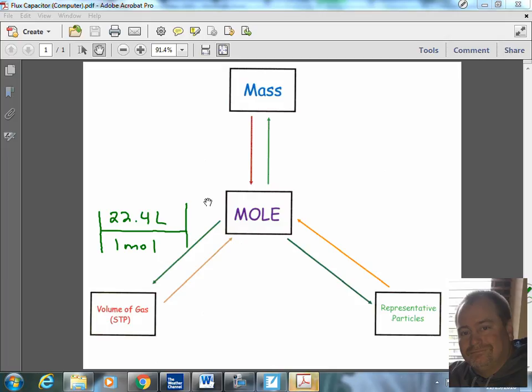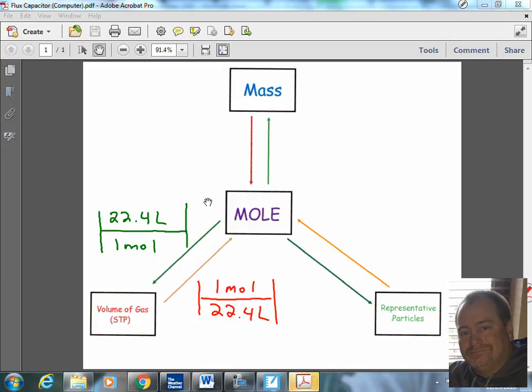Now, on the little orange arrow down at the bottom, what's that going to be? I'm just going to invert my box, right? The bottom's going to be 22.4 liters, and the top's going to be 1 mole. So now I have my flux capacitor completed, don't I?